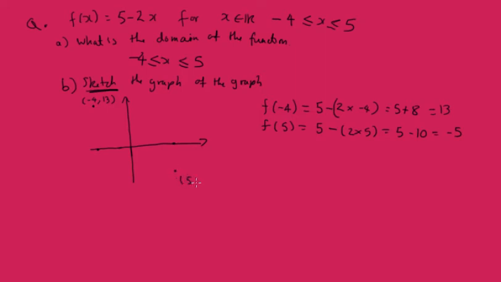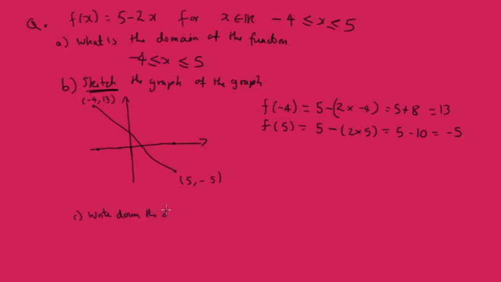So 5, minus 5, and it'll go down there. Use a ruler, and then we're going to write down the domain.